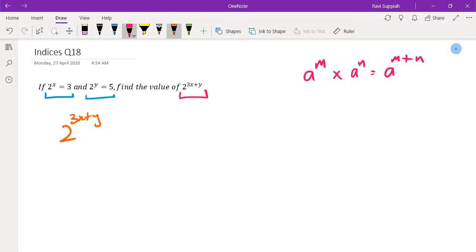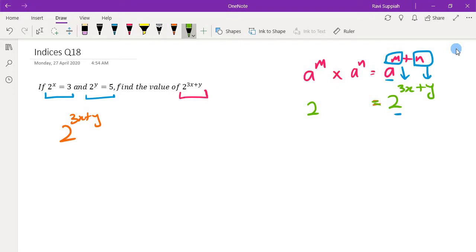Correct? So if I relate this back here, what I have is 2 to the power of 3x plus y. Alright, so if I work backwards, this term here, m, is 3x and n is y, and a is my base, correct?